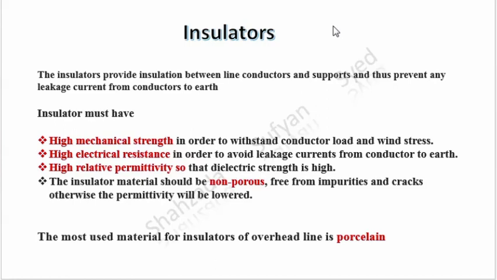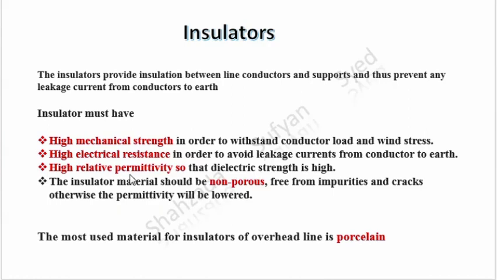Insulators must have the following properties. They have high mechanical strength in order to withstand conductor load and wind stress. They must have high electrical resistance in order to avoid any leakage current from conductor to earth. Insulators must have relatively high permittivity so that dielectric strength remains high.